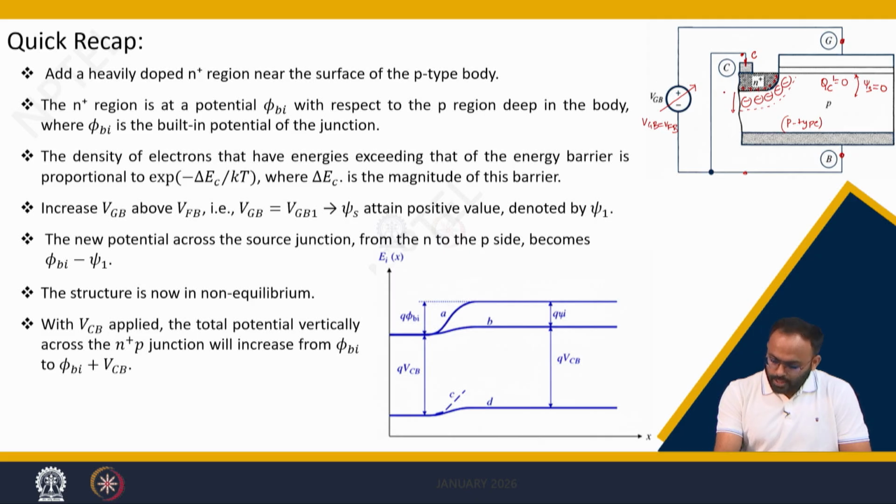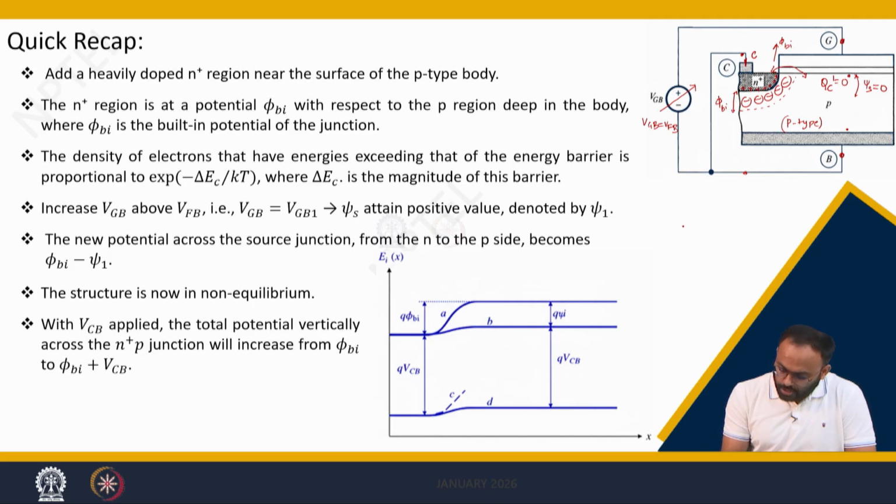What we said is this built-in potential between N plus and P, given by phi b I, is the same as this built-in potential, because we considered that VGB is the flat band voltage, and hence the potential at the surface is exactly equal to the body. So, this is nothing but phi b I.